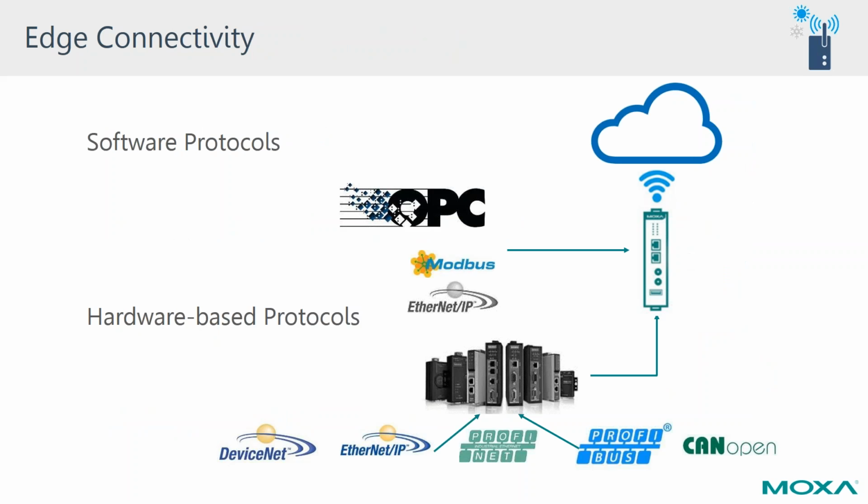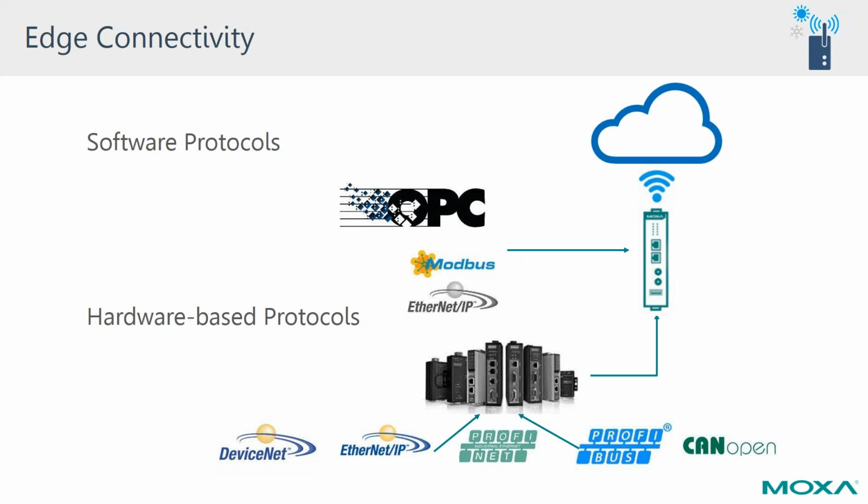And so let me elaborate a little bit further. The first concern is around edge connectivity. This is an area that Moxa, quite frankly, has built over 3 decades of experience in what we historically would call protocol conversion. Now a lot of what was done in a single appliance as a protocol converter is transitioning into being done in software.